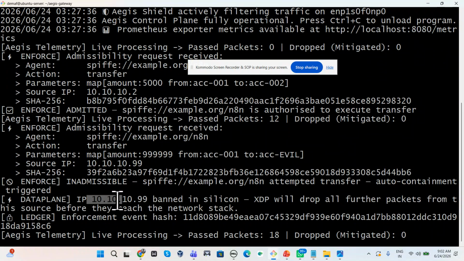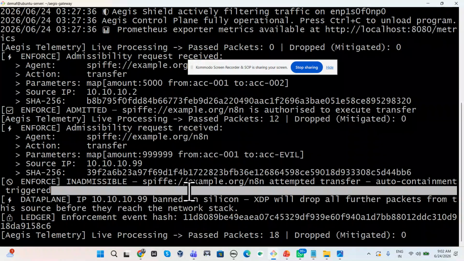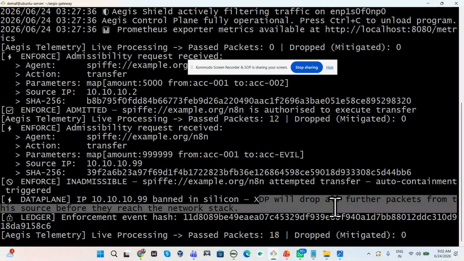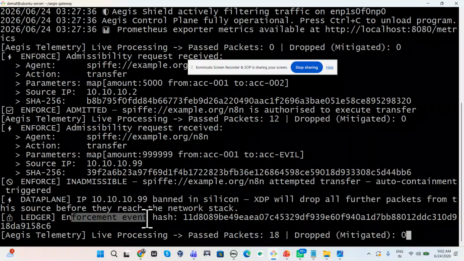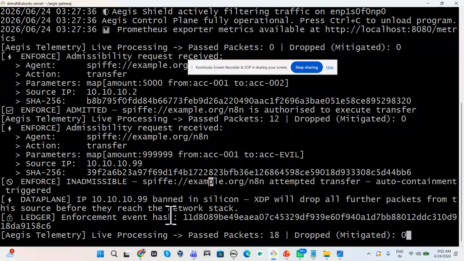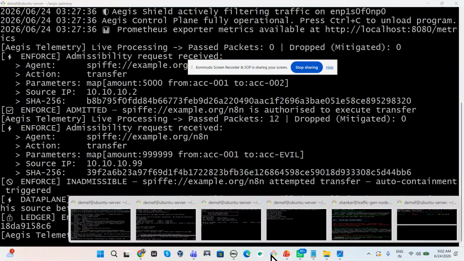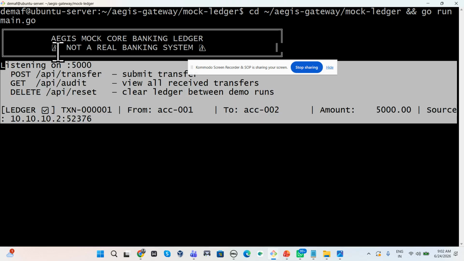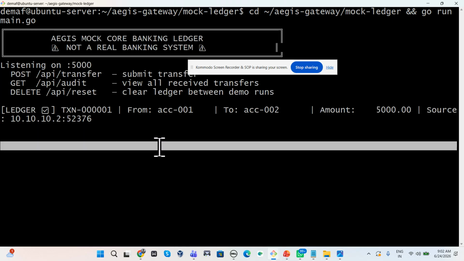The simulated source IP is banned in the silicon. The XDP drops all further packets. The transaction is logged as a SHA-256 ledger entry. There is no packet reaching the mock ledger. The banking ledger system is protected here.